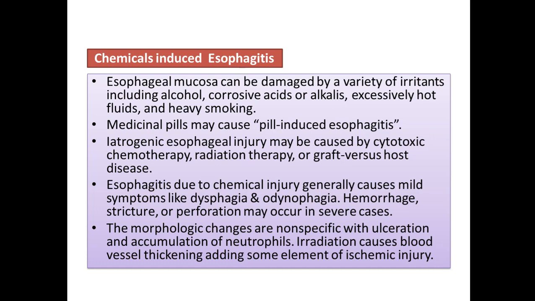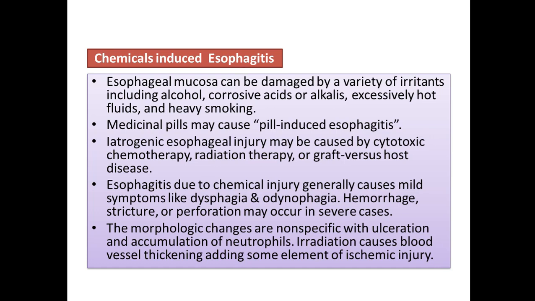Morphologically, the changes that we see grossly and under the microscope are non-specific. We see ulceration and infiltration of neutrophils, which are acute inflammatory cells, and their infiltration is particularly associated with acute infections.